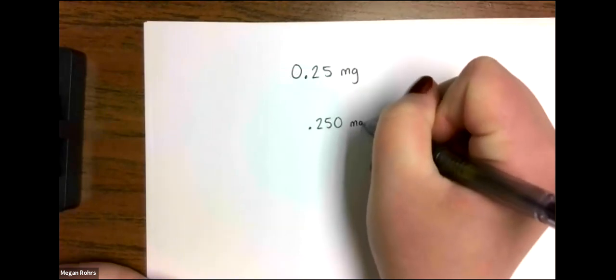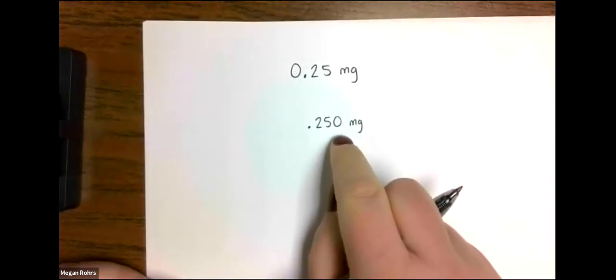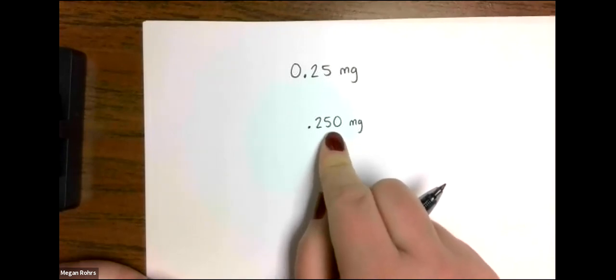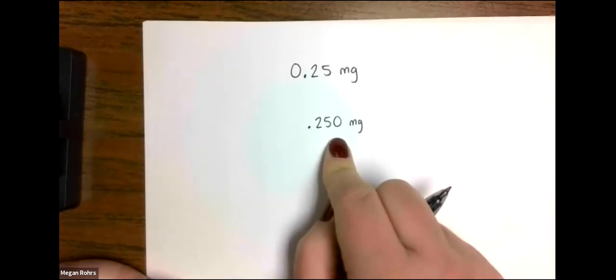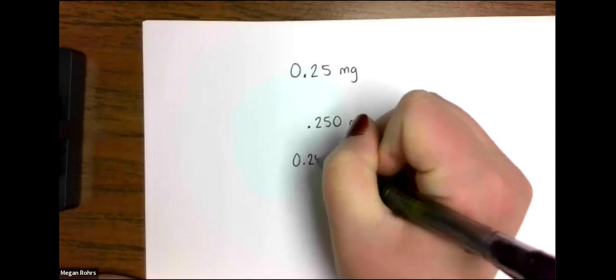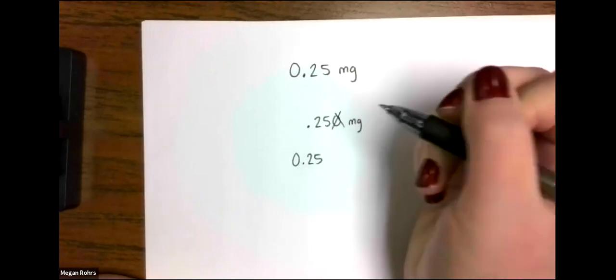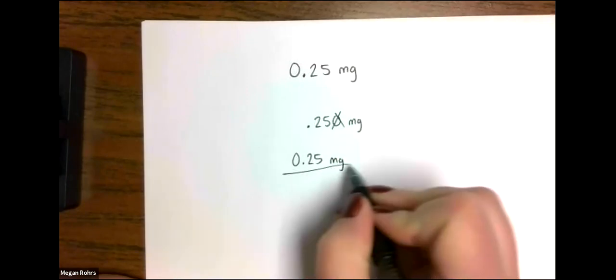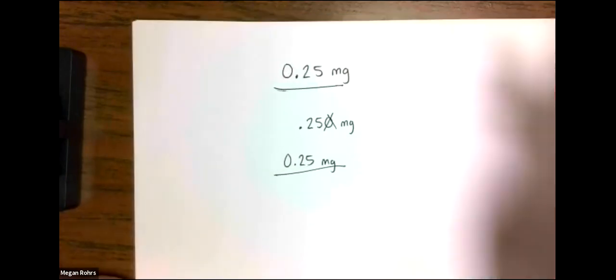Same thing, if I left off the leading 0 once again and I added this trailing 0, I could also glance at this really quick and see 250 milligrams, when in reality that's not the case. So always do a leading 0, never do a trailing 0. So these would be the correct connotation there for that.